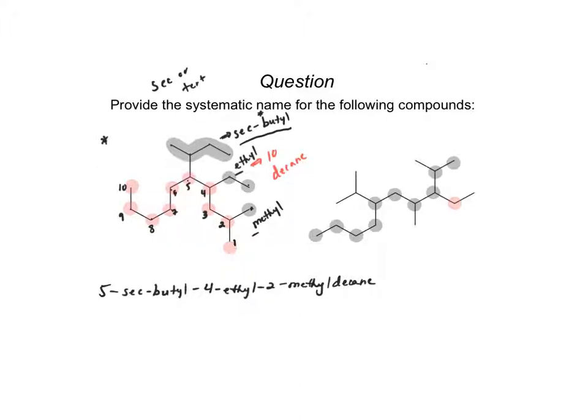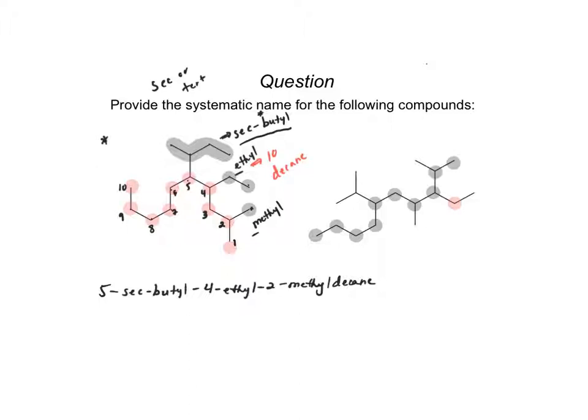Right, so maybe that's not the super clearest doing that. Let's go backwards. So I'm going to look at black first. Black dots are the parent. So if black dots are the parent, then overall we get 1, 2, 3, 4 substituents, right?